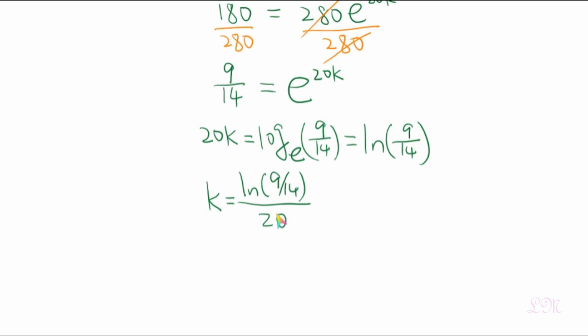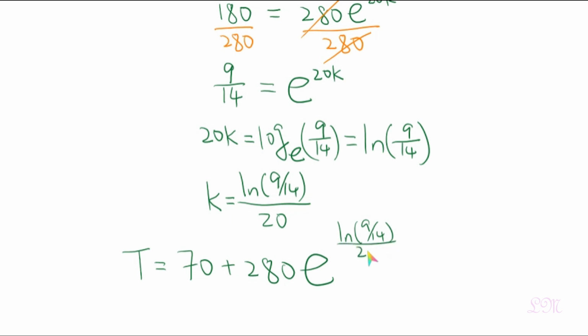The problem was asking us to find an equation for the temperature capital T of the bread as a function of time. So now we have it. Capital T equals T sub s, which is 70, plus C, which is 280, times e to the kt, where k is just natural log of 9 over 14 all over 20.